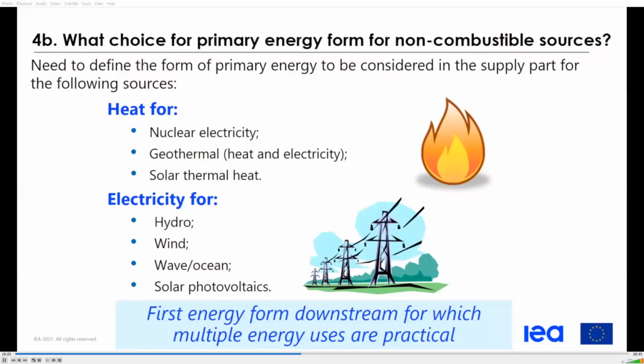For solar photovoltaic electricity, the choice is between the solar radiation received and the electricity produced. The principle adopted by the IEA is that the primary energy equivalent form should be the first energy form downstream in the production process for which multiple energy uses are practical. The application of this principle leads to the choice of the following primary energy forms: heat for nuclear, geothermal, and solar thermal, and electricity for hydro, wind, tidal wave ocean, and solar photovoltaic.